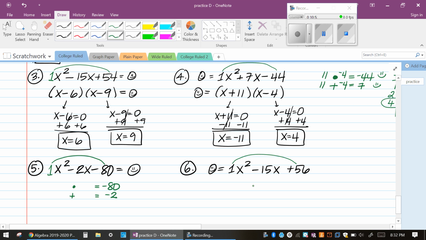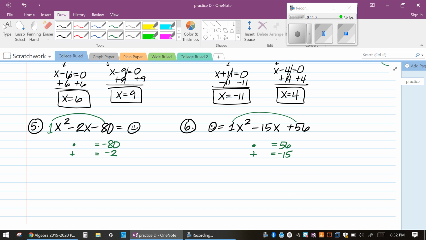In number 6, you had to find two numbers that multiply to 56 and add to negative 15. If you didn't get a chance to do that on your own, please take a minute and do it now. Make your full list of all the factors of 80 and all the factors of 56. Pause the video now.